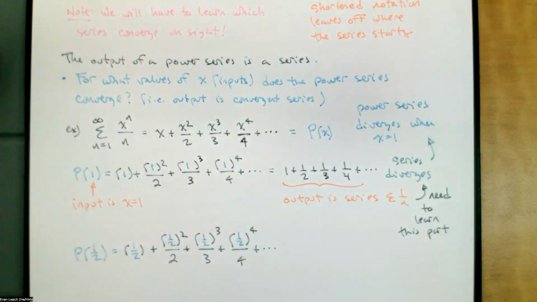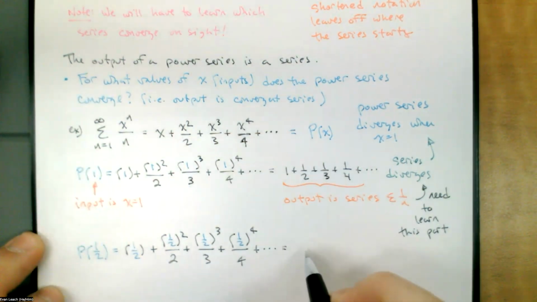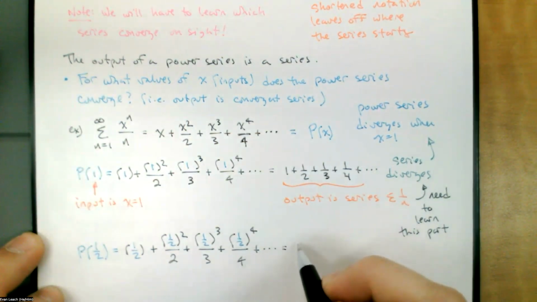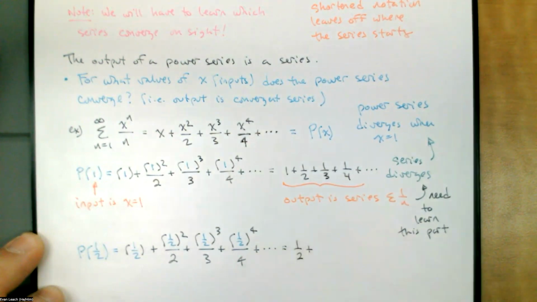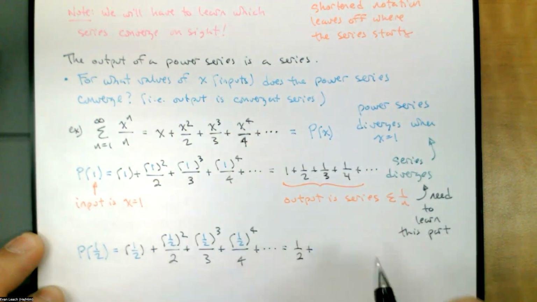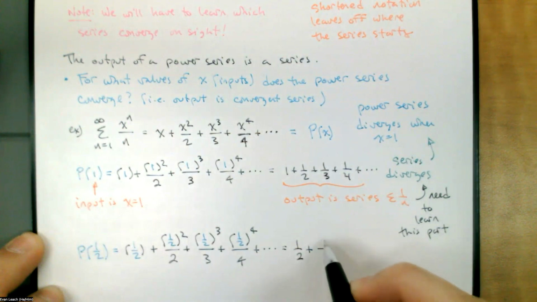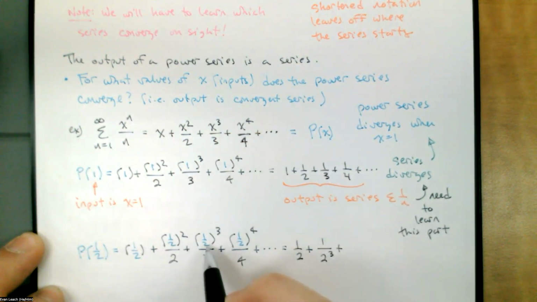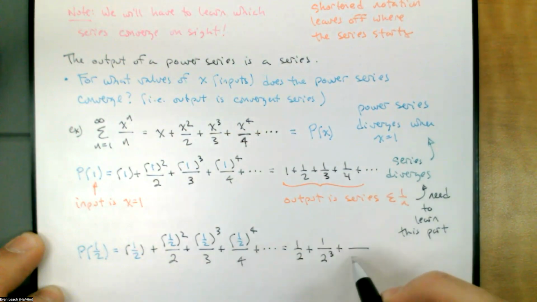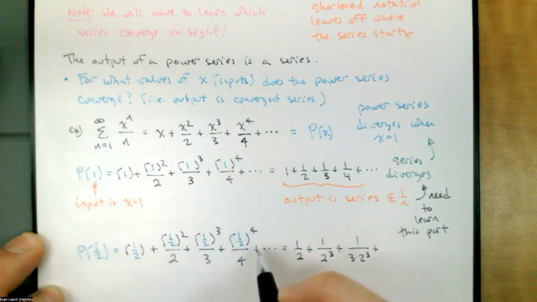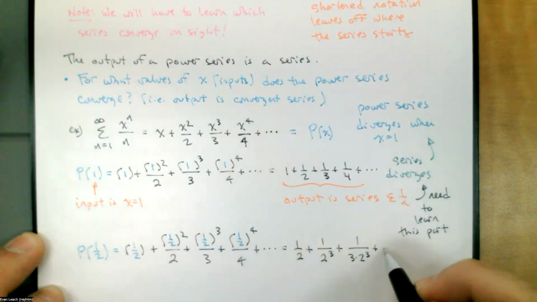If we clean this up a little bit, we'll start off with a 1/2. The next term will be a 1/2 squared over 2. The next term will have a 3 and a 2 cubed. The next term will have a 4 and a 2 to the 4th in the denominator.